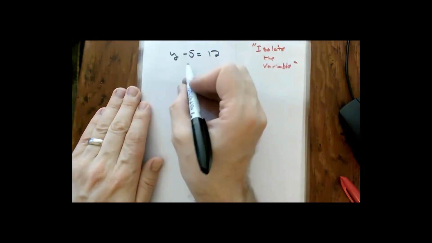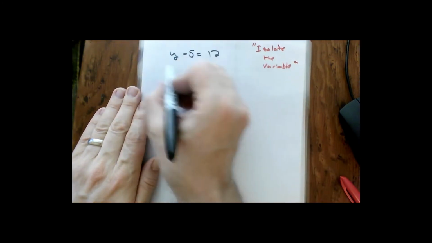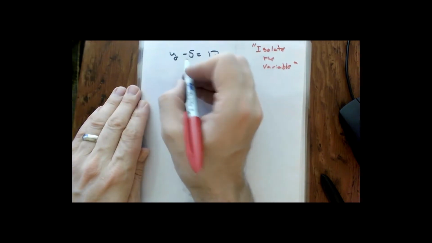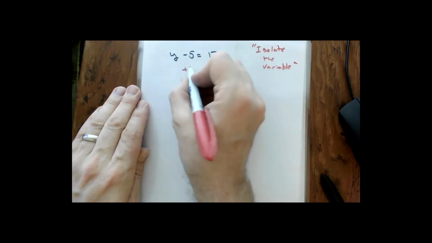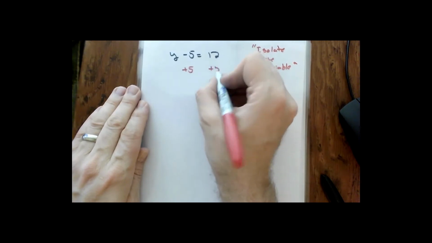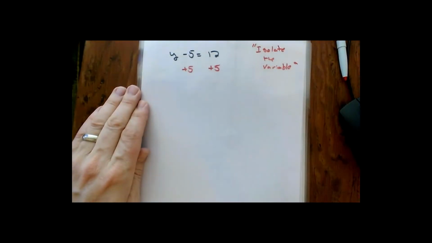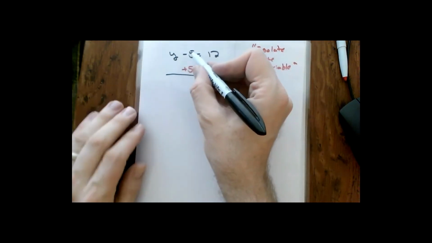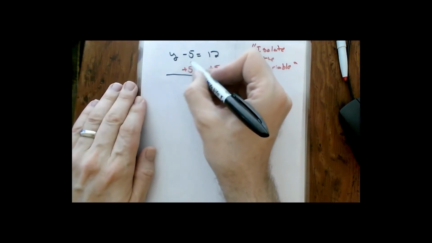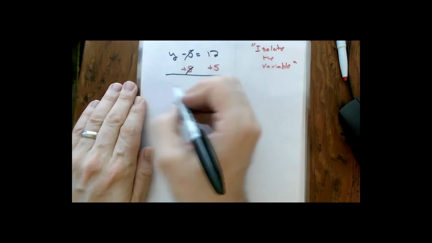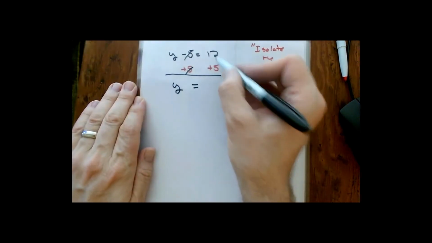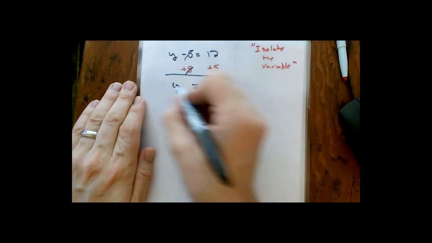In order to get this y all by itself on one side of my equation, since this is minus 5, I'm going to do the opposite. I'm going to add 5. But what we do to one side, we do the same thing to the other, always. Since I've got y minus 5 plus 5, the 5s just cancel out. This is just going to be y alone on the left side of the equation. On the right side, 12 plus 5 is going to be 17, and we've solved it.